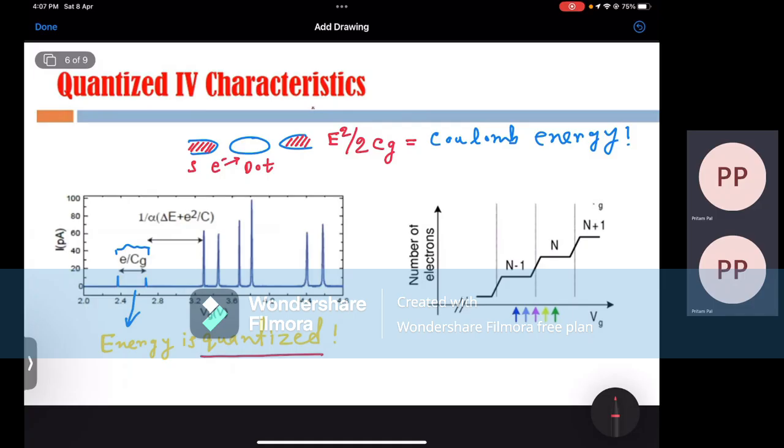And you can see here, only for a particular energy, e squared over 2Cg, that is the energy, but if you convert this in terms of voltage, you want to see, right?